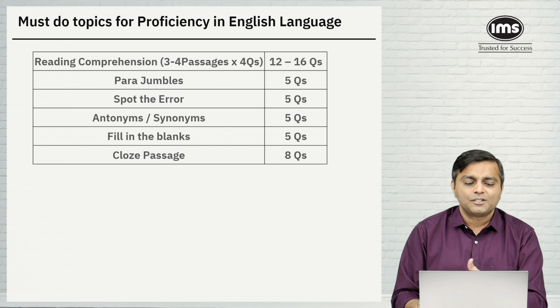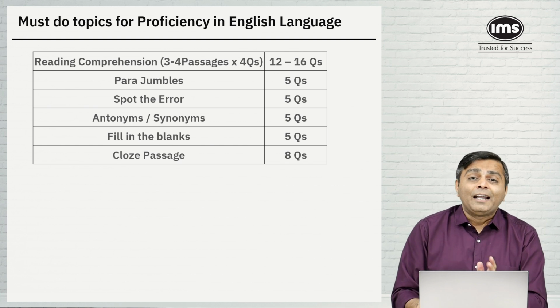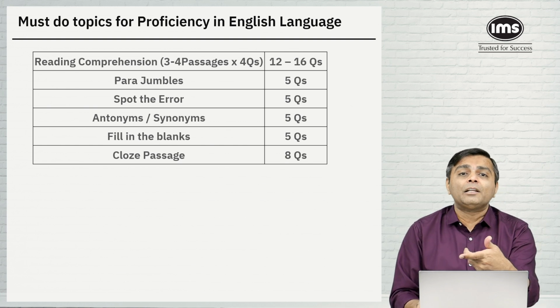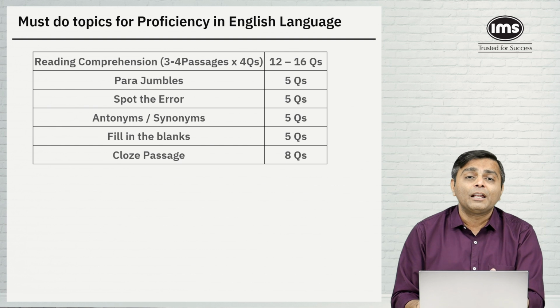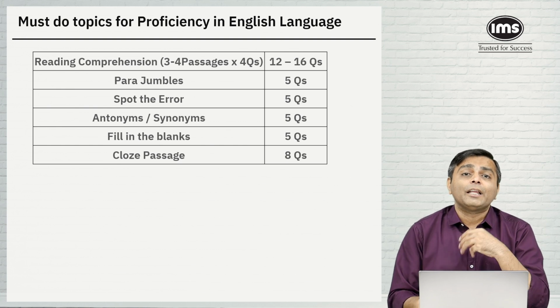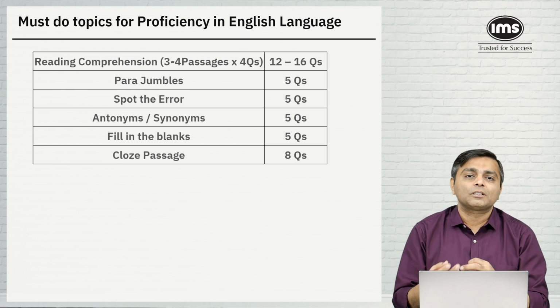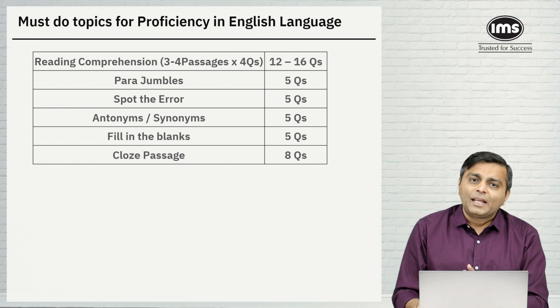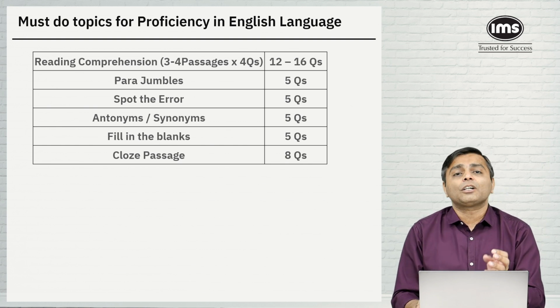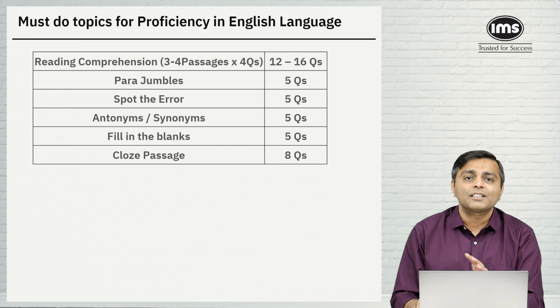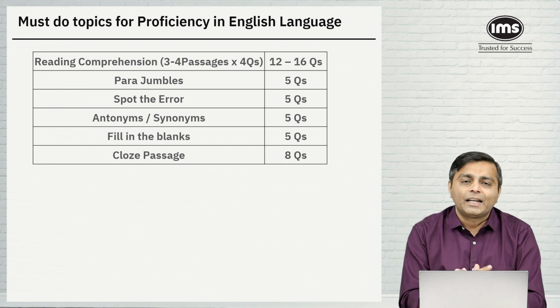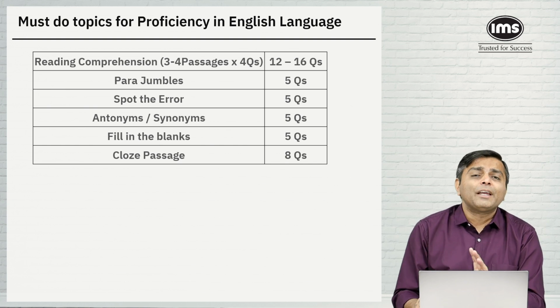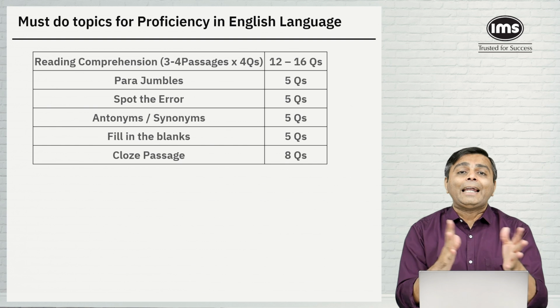5 parajumble questions, 5 spot the error, 5 antonym synonym, not directly antonym synonym, which is very common in NPAT, but in a sentence a word is underlined and you're supposed to give a synonym or similar. Fill in the blanks, 5 questions. Cloze passage, 2 passages, 4 questions each, fill in the blank type questions. So that way verbal I think was the most standard section.